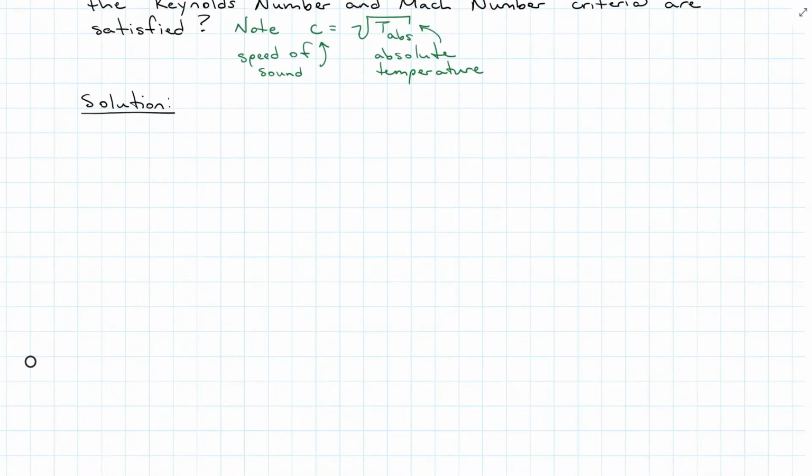So if I go to Appendix A, I find that the viscosity for my prototype, the actual airplane, is 1.76 times 10 to the negative 5 Newton seconds per meter squared for 10 degrees Celsius.